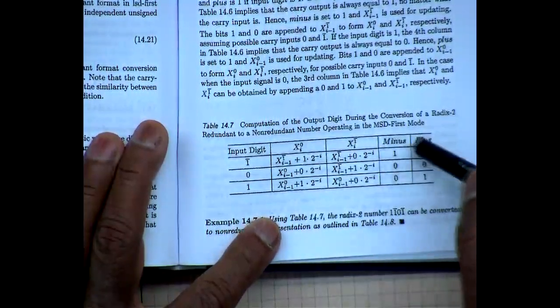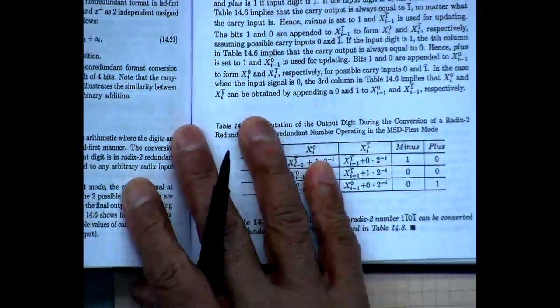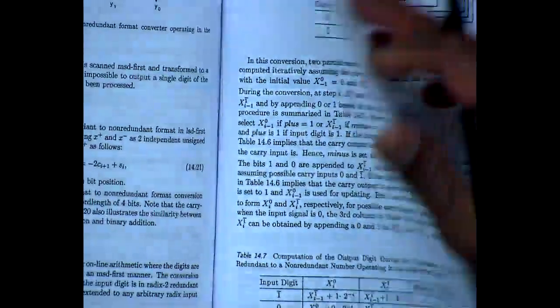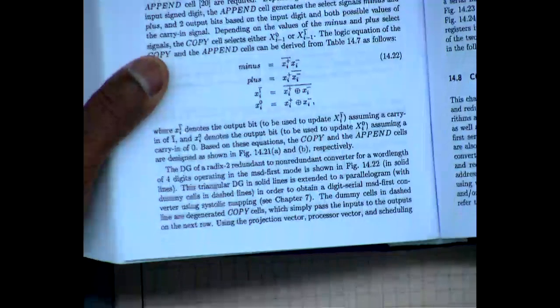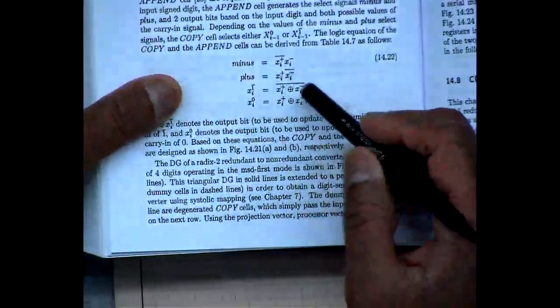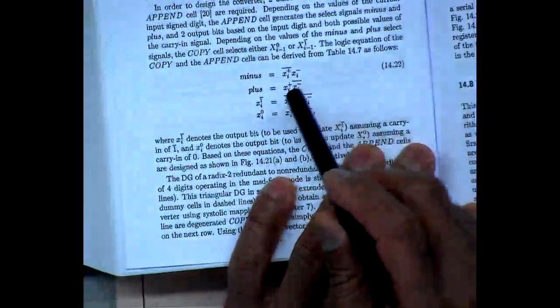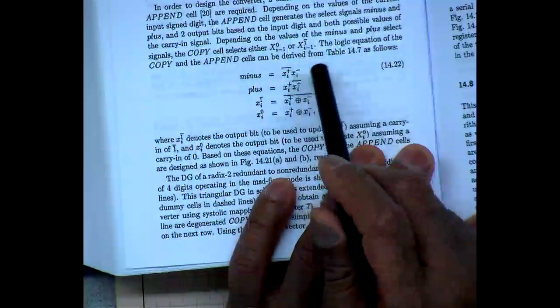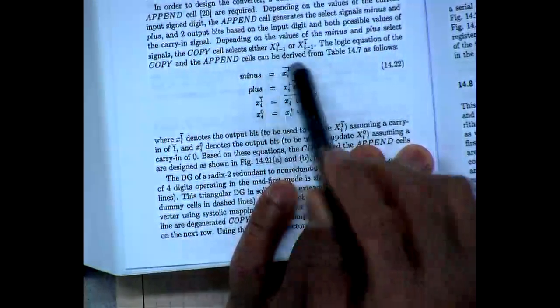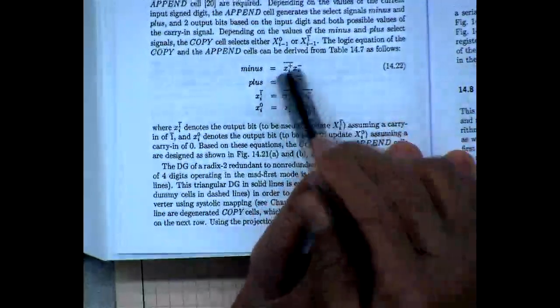Okay, so we have this minus and plus indicating to us whether the digit is negative or positive, and it turns out that it's very easy to generate the minus and plus signals. If you know the xi plus and xi minus, the minus is xi plus bar, xi minus. Okay, we can do a simple logic minimization and we can get these things.